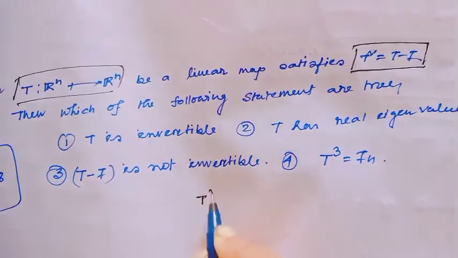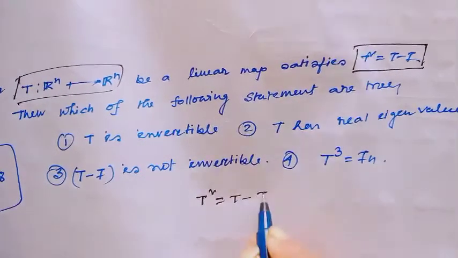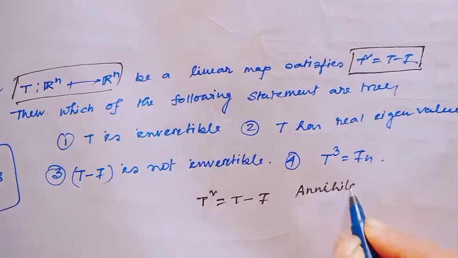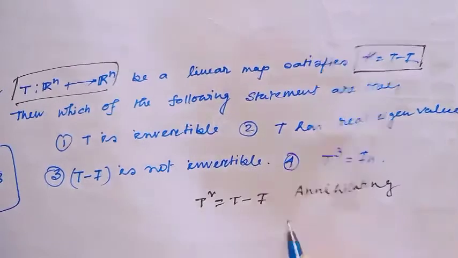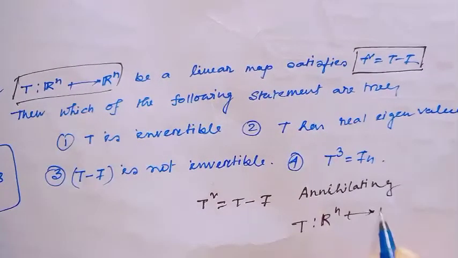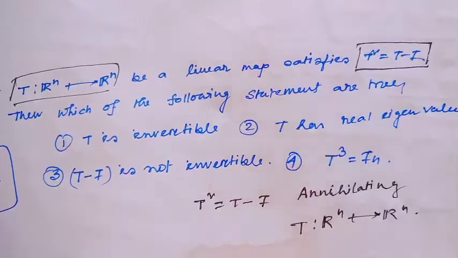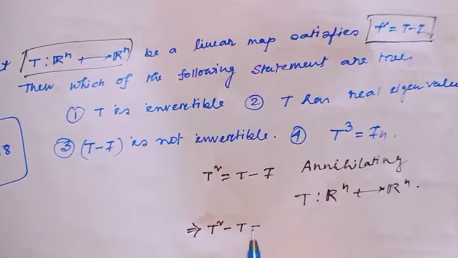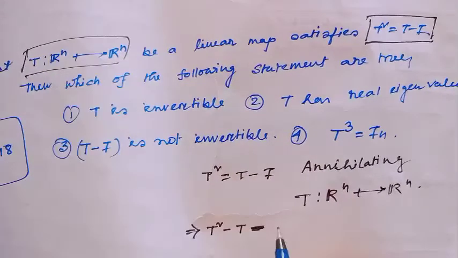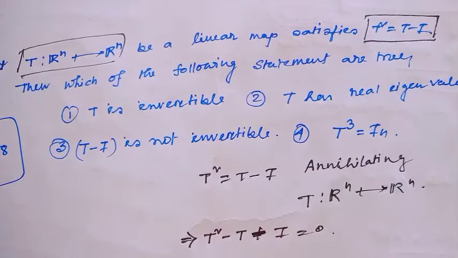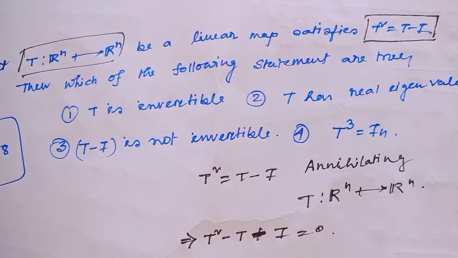That means T square equals T minus identity is the annihilating polynomial of this linear operator which is mapping from Rn to Rn, and from this expression we can write T square minus T plus identity equal to 0. This is the annihilating polynomial of this linear operator.